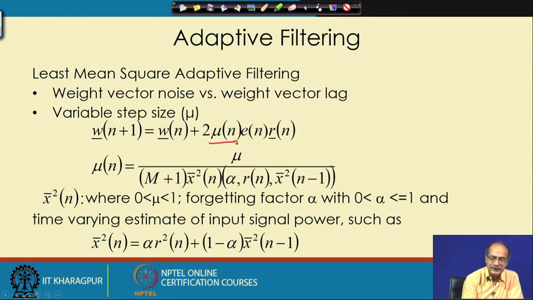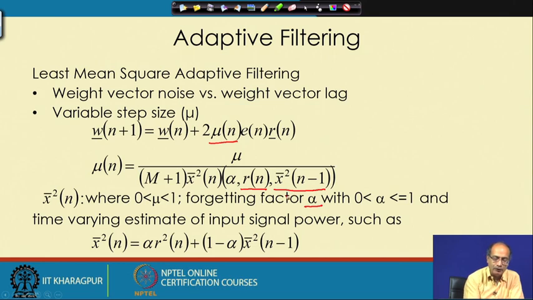And how is it changing? The constant mu divided by m plus 1 times x bar square. We know m is the dimension of the tap weight vector, and x bar square is a function of different things. Here is something called alpha, a forgetting factor, then we have the reference signal Rn, and we have the previous value of x bar square.